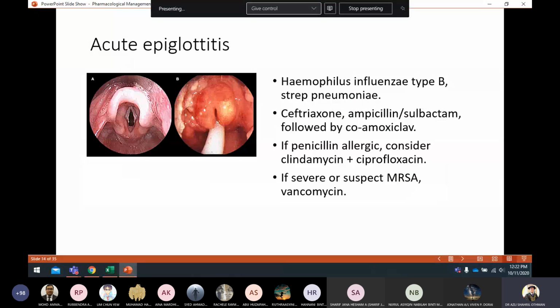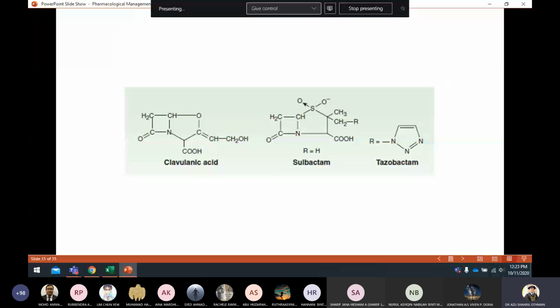Okay, we talked about co-amoxiclav, amoxicillin plus clavulanic acid. There's also another one, ampicillin plus sulbactam, which is the same approach. Amoxicillin plus clavulanic acid acts to deactivate the beta-lactamase produced by the bacteria.